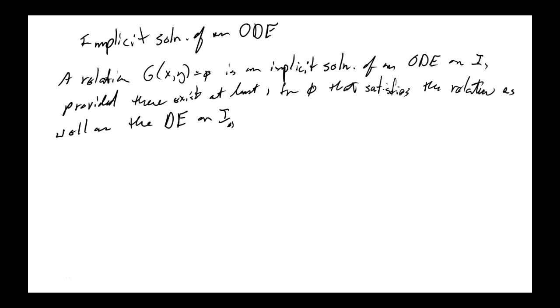All right. Let's look at example 7 and see if we can make any sense out of what they're talking about. Here's a relation: x squared plus y squared is equal to 25. Now, why do they call that a relation and not a function?